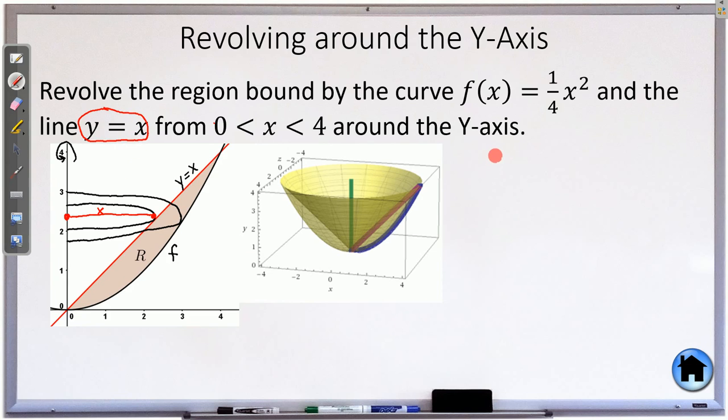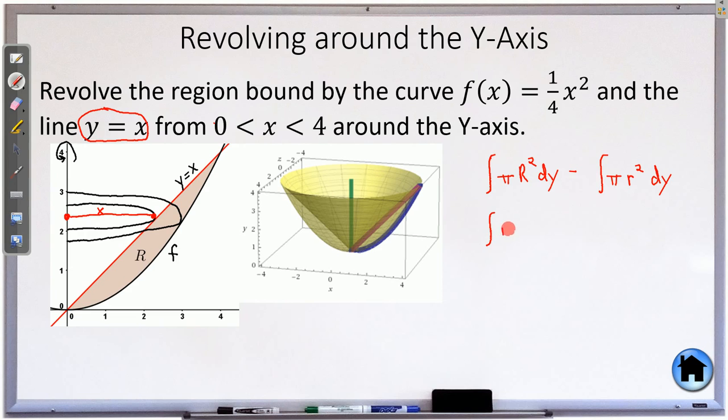So when we do our integral, which we saw was going to be pi big R squared dy, minus the integral of pi little r squared dy. The r's are, of course, the x values, not the y values for the function.